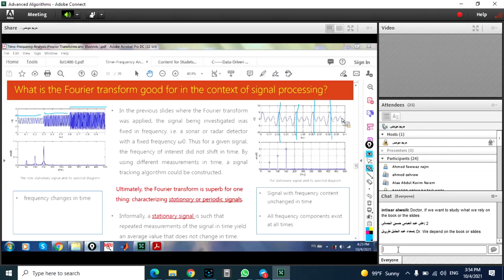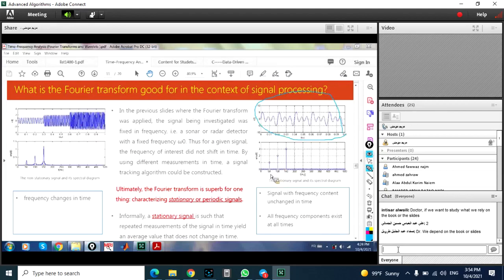The Fourier transform is good for the right signal, but it is not good for the left.